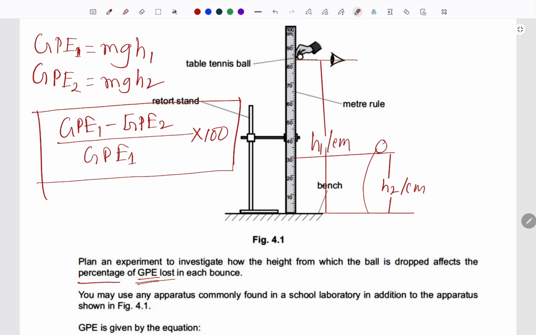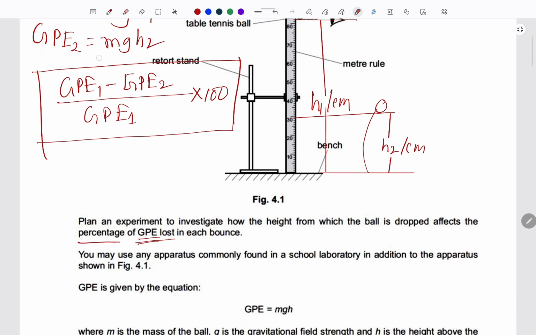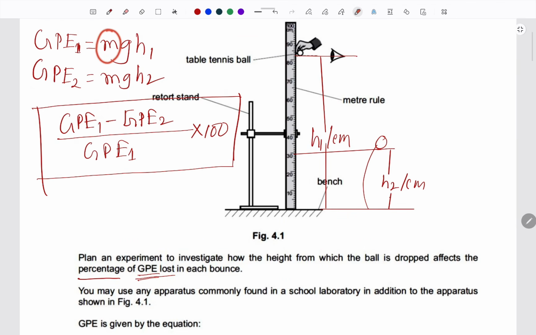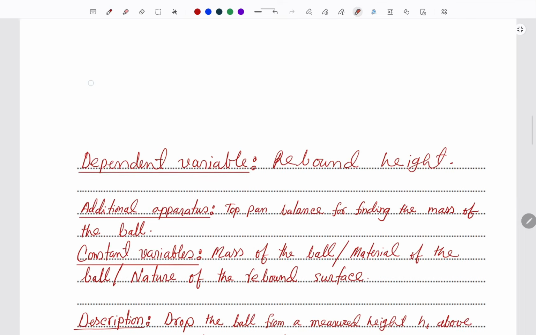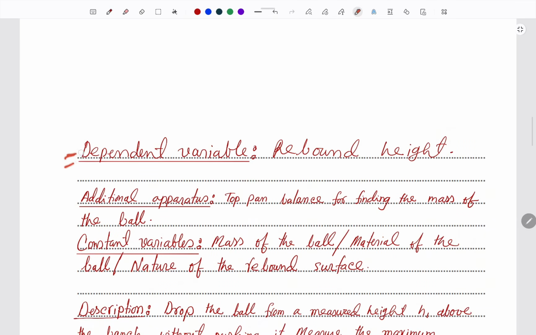We need to calculate the potential energy mgh. So I need to find the mass of that ball. So I need a top pan balance for measuring the mass of that ball. So first point, 2 points here. Dependent variable is rebound height, and number 2 additional apparatus, top pan balance for finding the mass of the ball.